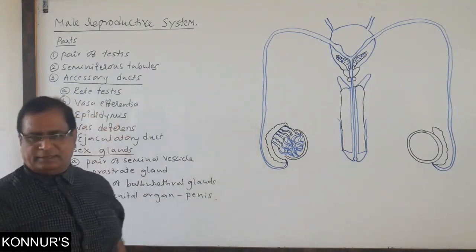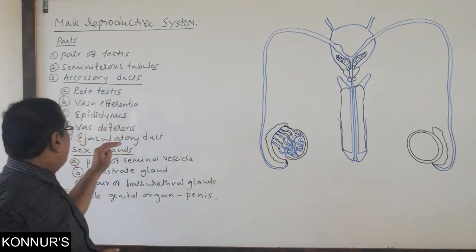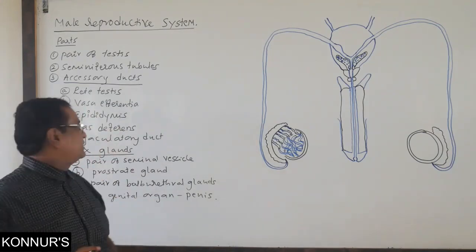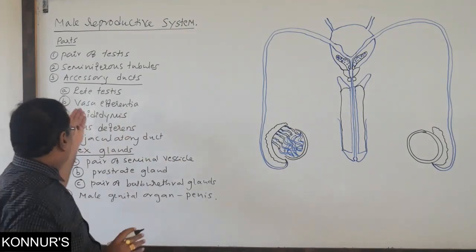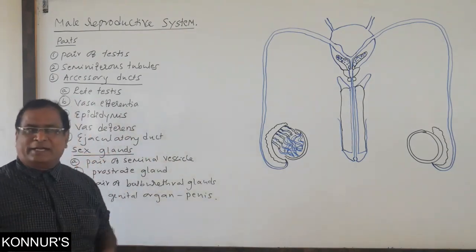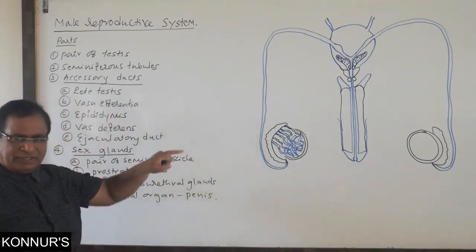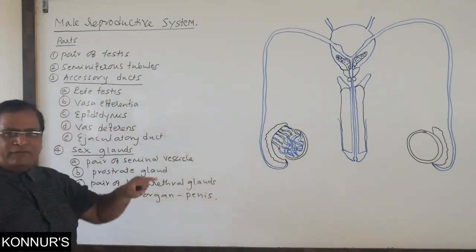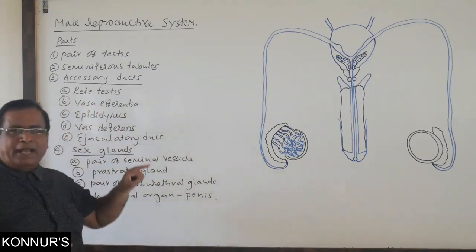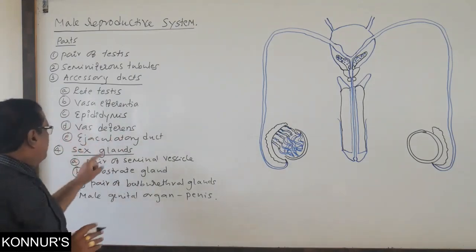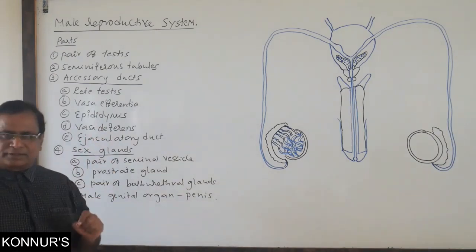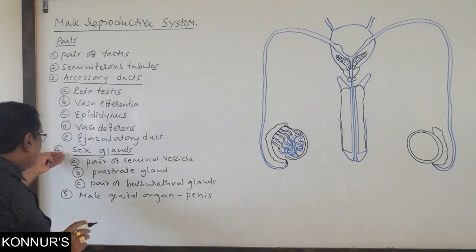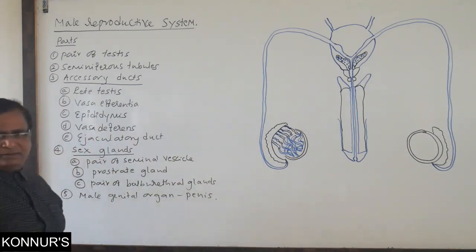A pair of testes, seminiferous tubes, and accessory ducts. There is a list of accessory ducts: rete testis, vasa efferentia, epididymis, vasa deferens, ejaculatory duct, and sex glands.